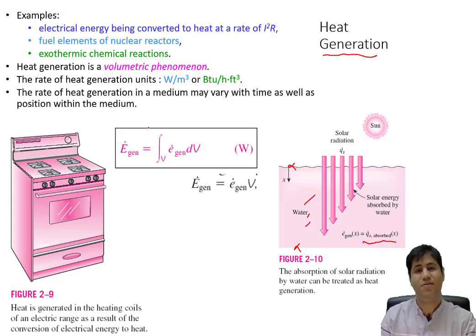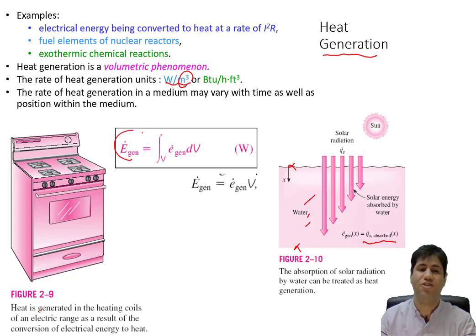The heat generation is a volumetric phenomenon. In other words, we have heat generation inside the volume of the medium or object, and for that reason, the unit for the heat generation is watt per meter cubed. So we know how much, in terms of watts, of the energy or thermal energy is generated in how much volume of the object.